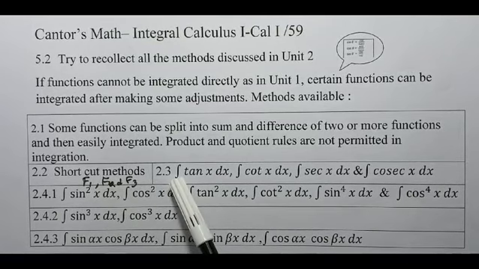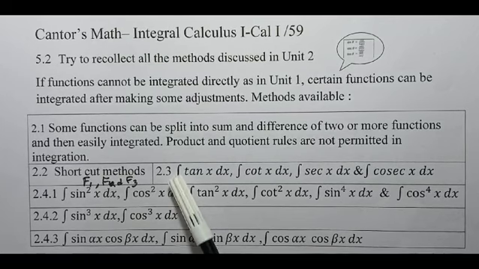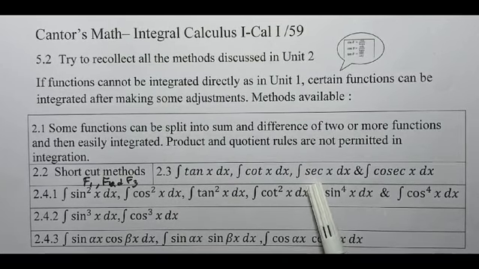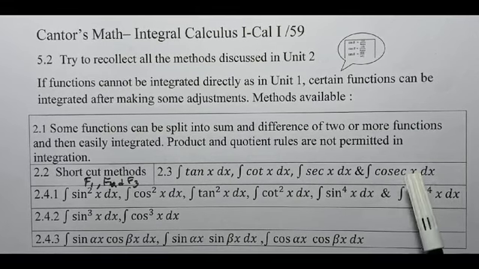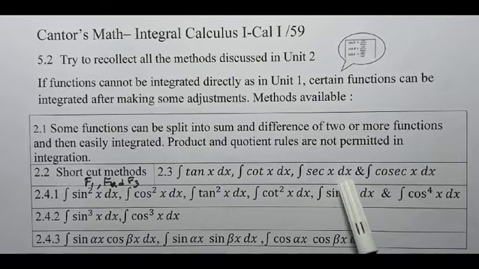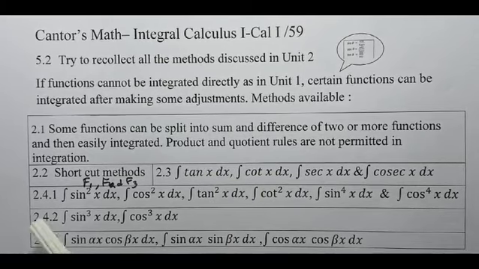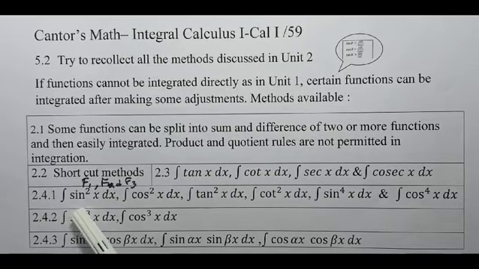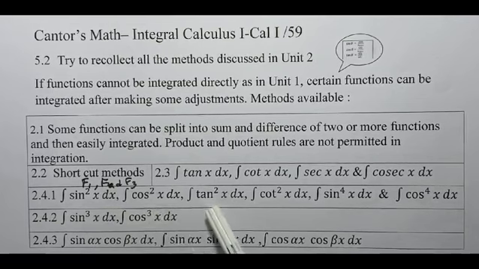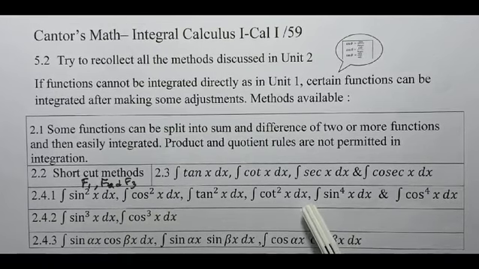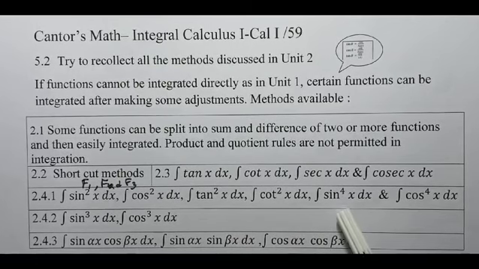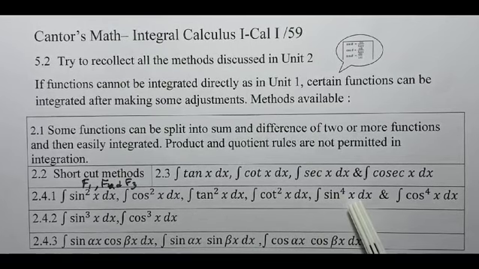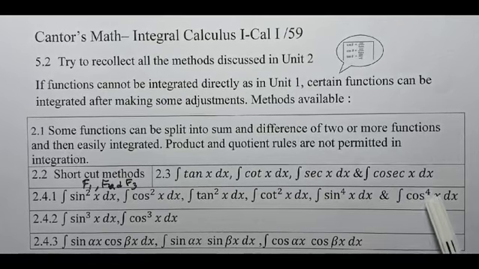And 2.3. We had left 4 integrals: integral tan x, integral cot x, integral secant x, and integral cosecant x dx. All these 4 integrals are discussed in this 2.3. Next 2.4.1. Similarly, integral sin squared x dx, cos squared x dx, tan squared x dx, cot squared x dx; these integrals were evaluated, and in addition to this we have integral sin power 4 x dx and integral cos power 4 x dx.